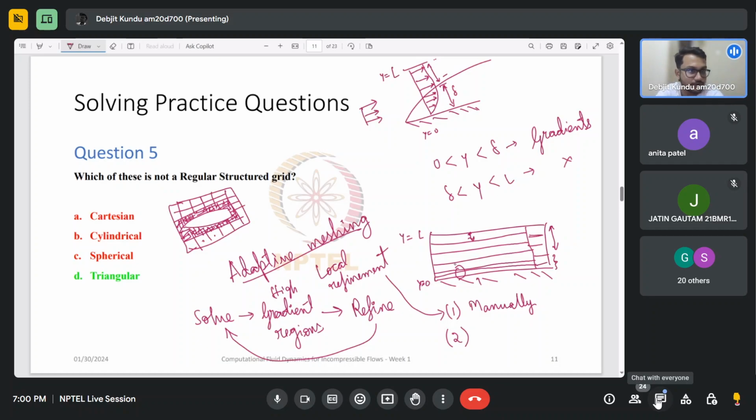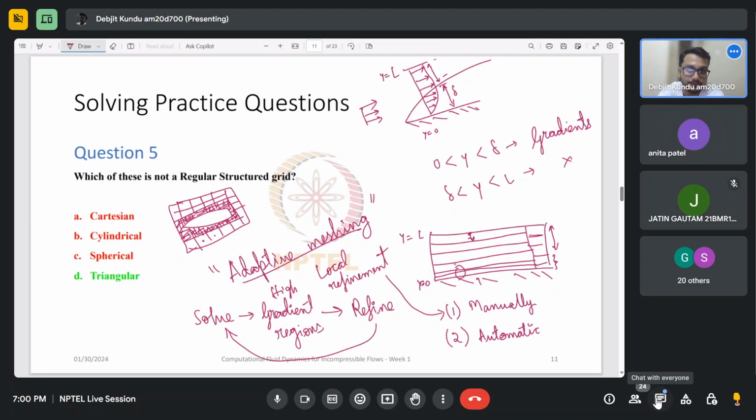Another way is you make it automatic. Many commercial codes like Fluent, even OpenFOAM I guess, if you give some parameters to it, based on that it has some underlying code inside it which takes care of this local refinement automatically, and that comes under adaptive meshing.